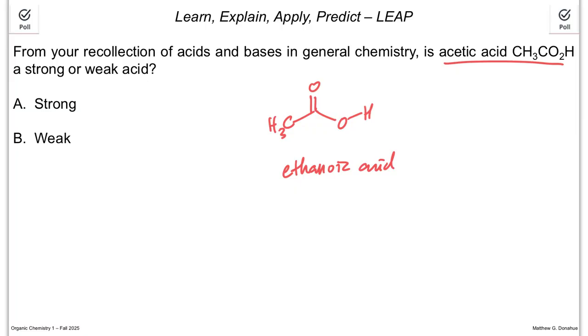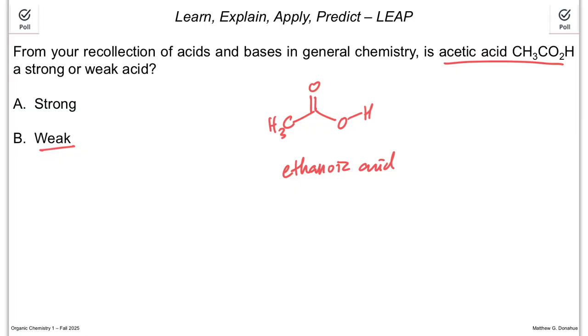And so is that a strong or a weak acid? This one's weak. It's actually vinegar. It's in Italian salad dressing. The oil and vinegar, the tanginess is acetic acid.